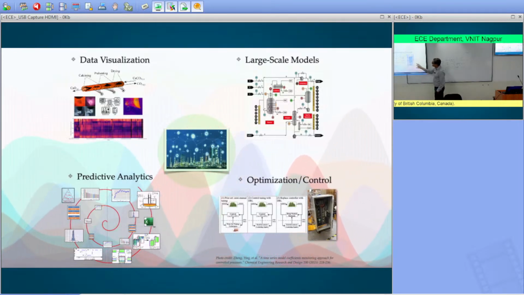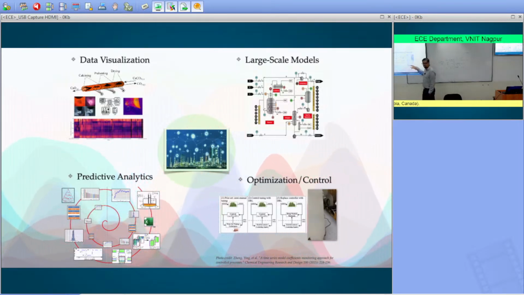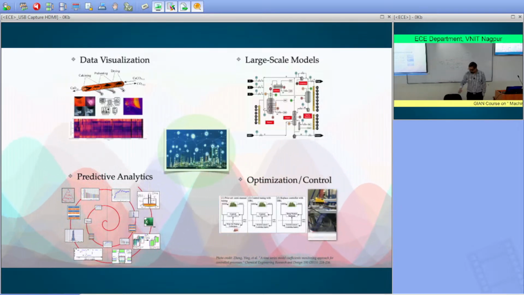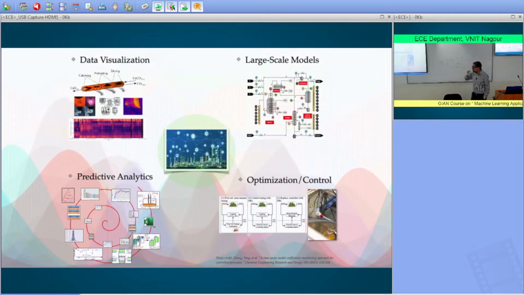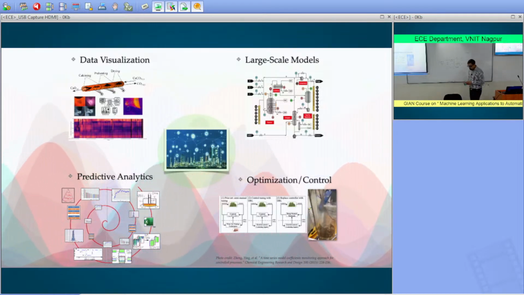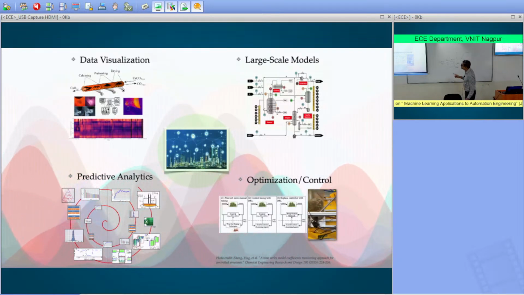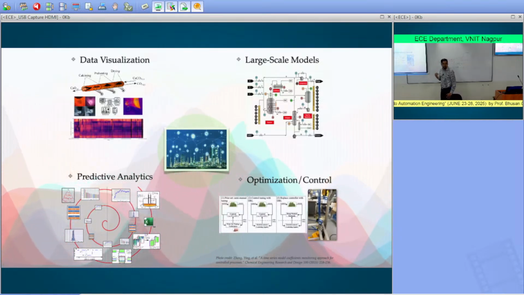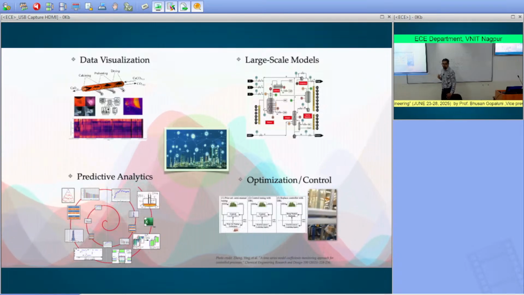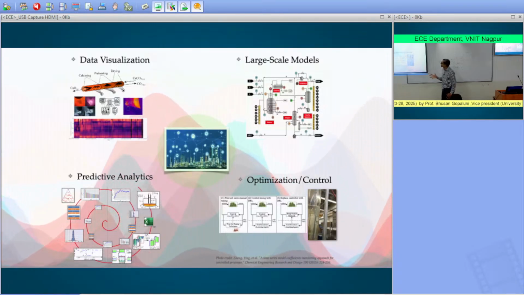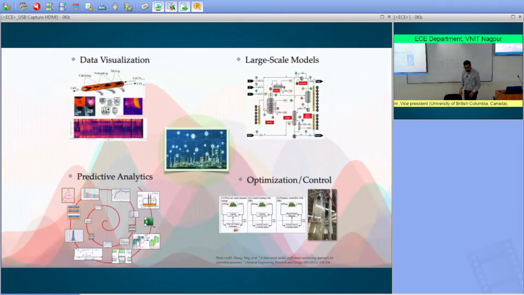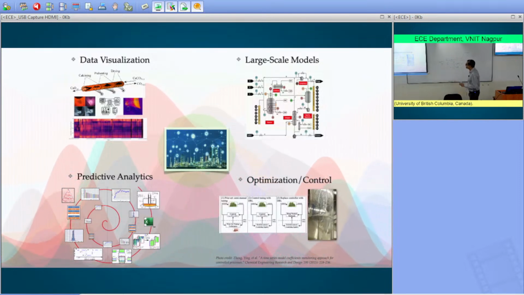And the last class of problems are around optimization and control. So here we want to take optimal decisions under uncertainty. You don't have all the information. There's a lot of noise in your data.